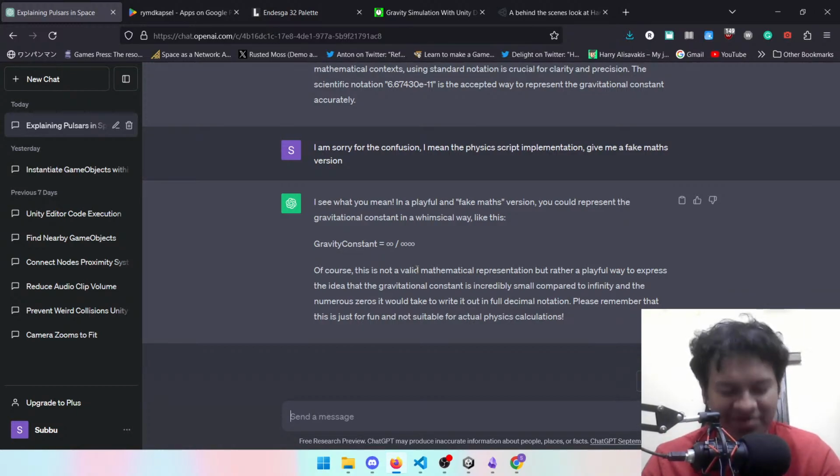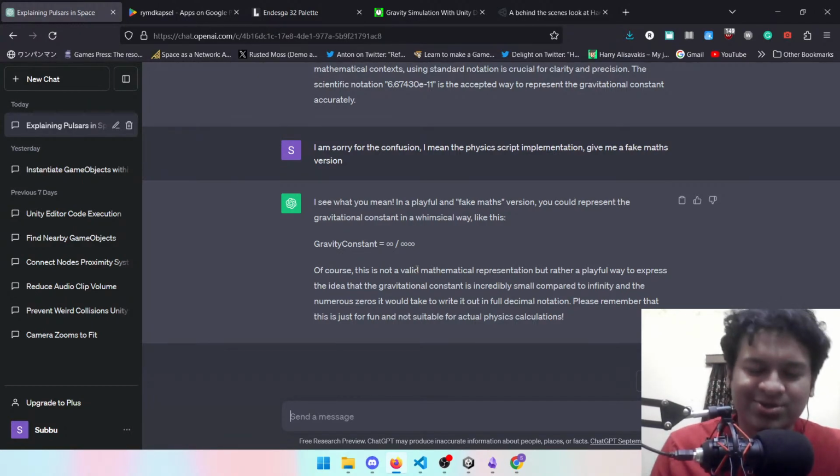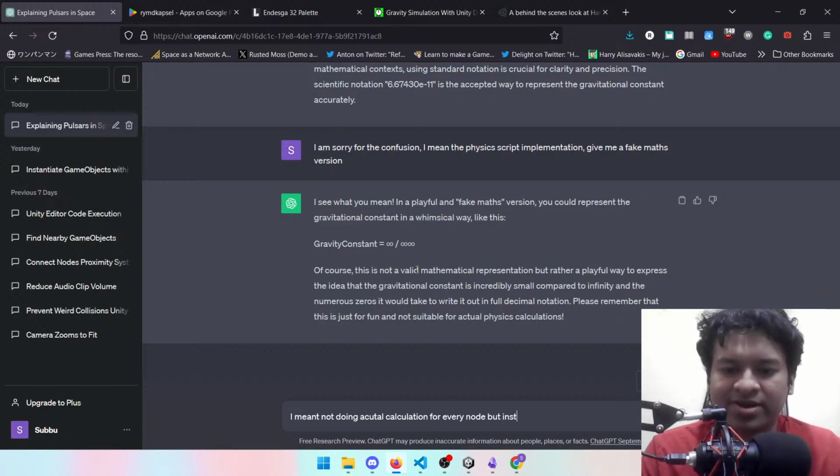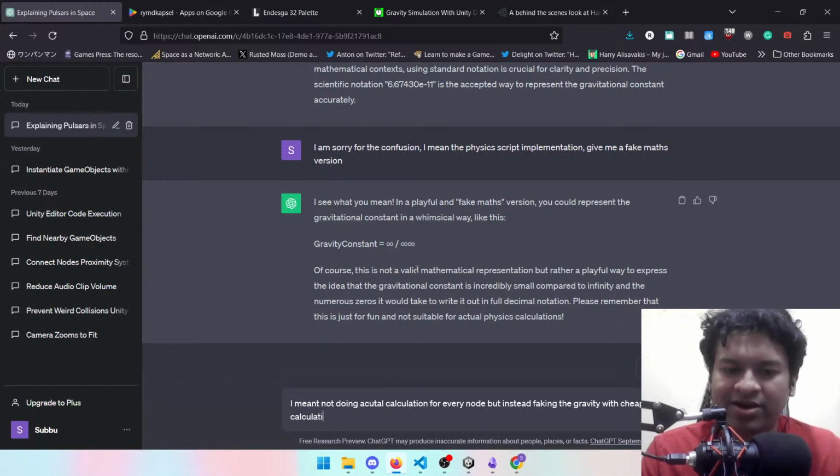Okay, let me be serious now. Serious question. I meant not doing actual calculations for every node, but instead faking the gravity with cheaper calculations.